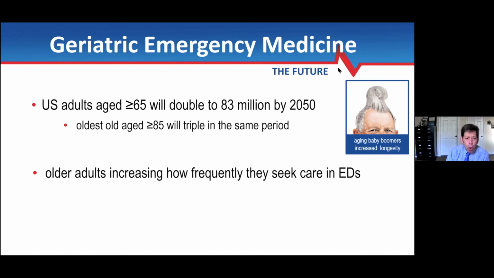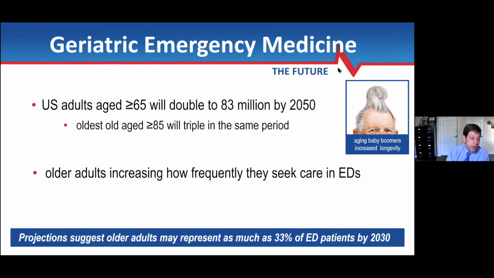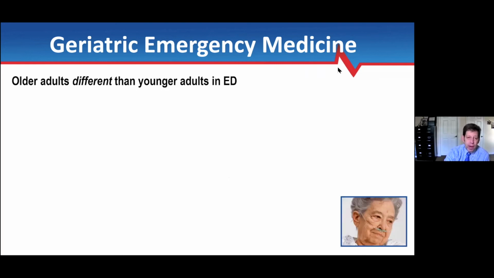In addition, older adults are actually increasing how frequently they choose us, how frequently they seek care in emergency departments. And so as a result, projections suggest that older adults may represent as much as a third of ED patients by 2030. 1 out of every 3 patients we care for.